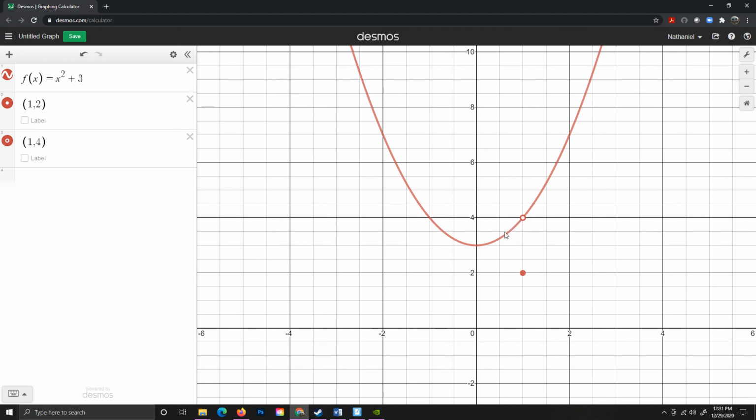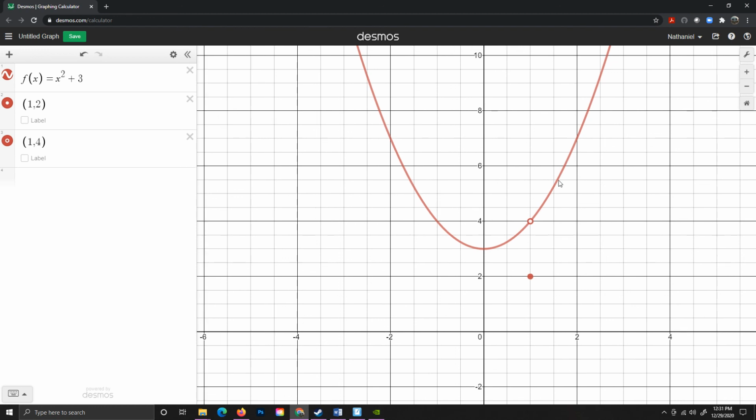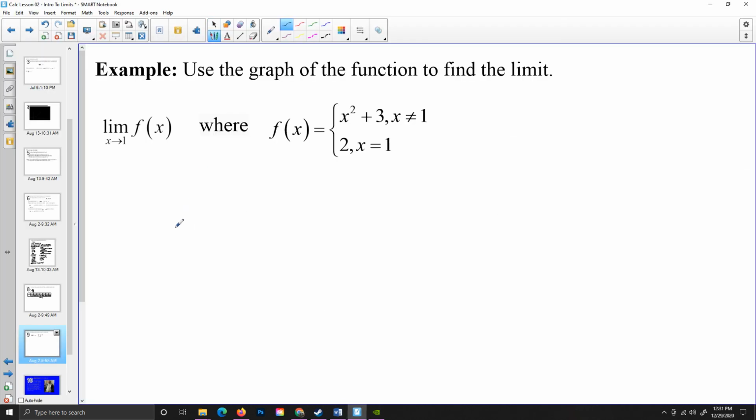So we're going to estimate it by saying as we come in from the left, it points to 4, and as we come in from the right, it points to 4. That's what we're getting. So if I go back to here, we're going to say that the limit as x goes to 1 of f of x is going to equal 4.